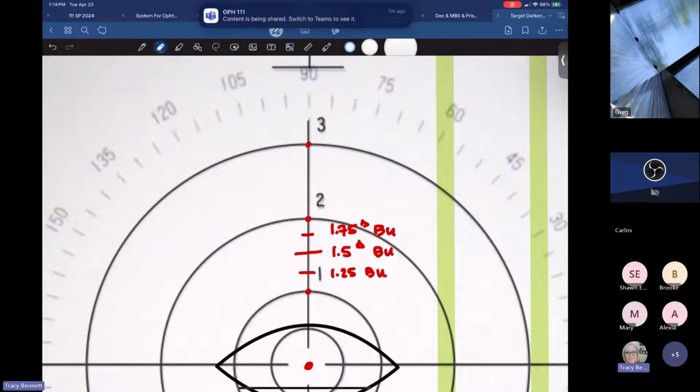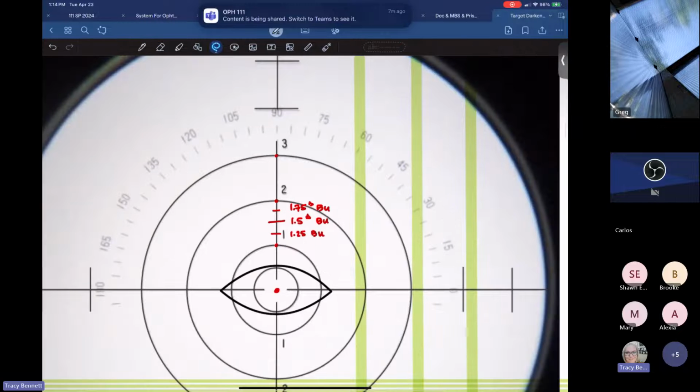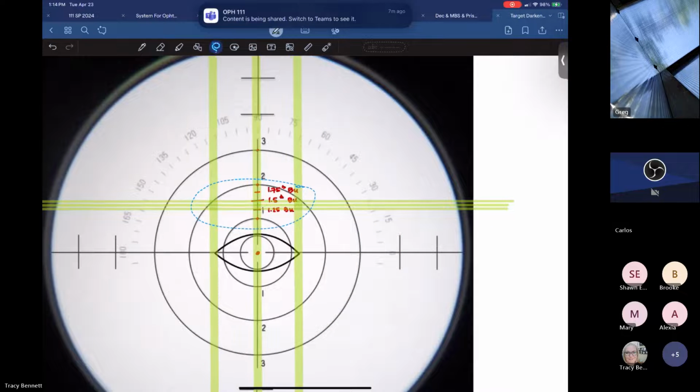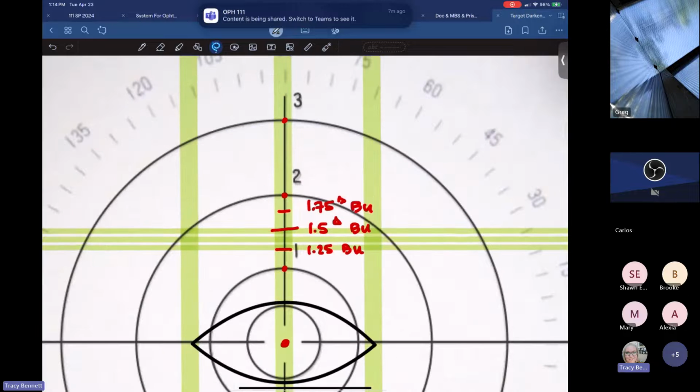You could break it down even further, though, because what if the target is right in between those two? Then what we're looking for is this point right here. And we're like halfway in between the 1.25 and the 1.50.